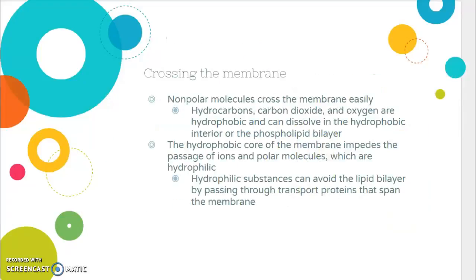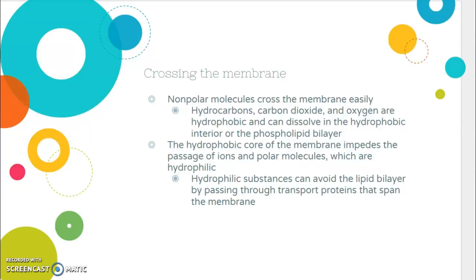So as I told you, some molecules cross the membrane more easily than others. An example would be some nonpolar molecules. They cross the membrane easily, and some of those would be hydrocarbons, carbon dioxide, and oxygen. They are hydrophobic, and they can dissolve in the hydrophobic interior of the bilayer.